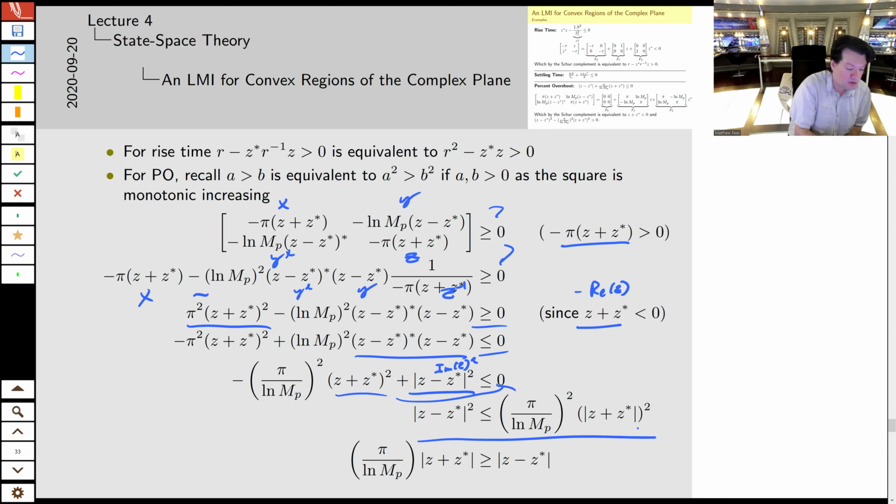And so this is equivalent to Z minus Z star squared minus this constant term times here. And then we just take the square root of this, because the square is monotonic, that's equivalent to this term right here. And so we just dropped off all the squares. And so this is, of course, the overshoot condition.